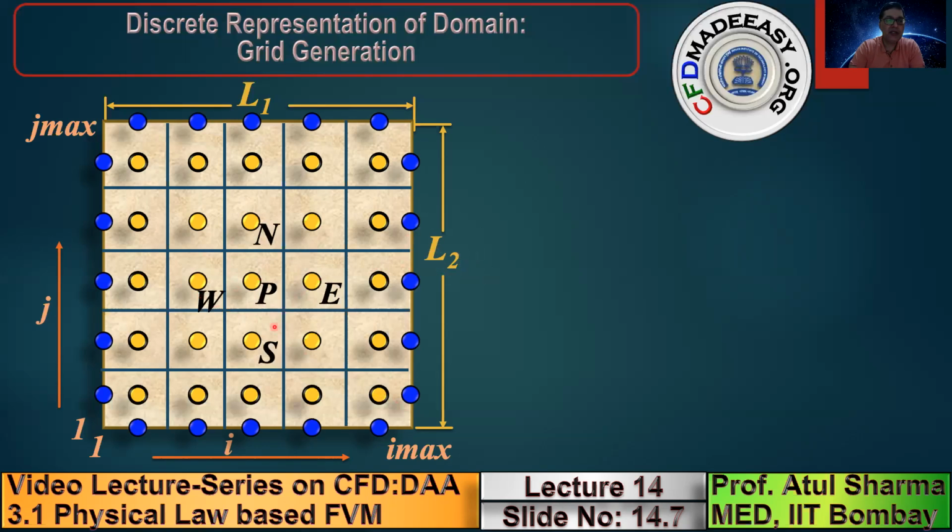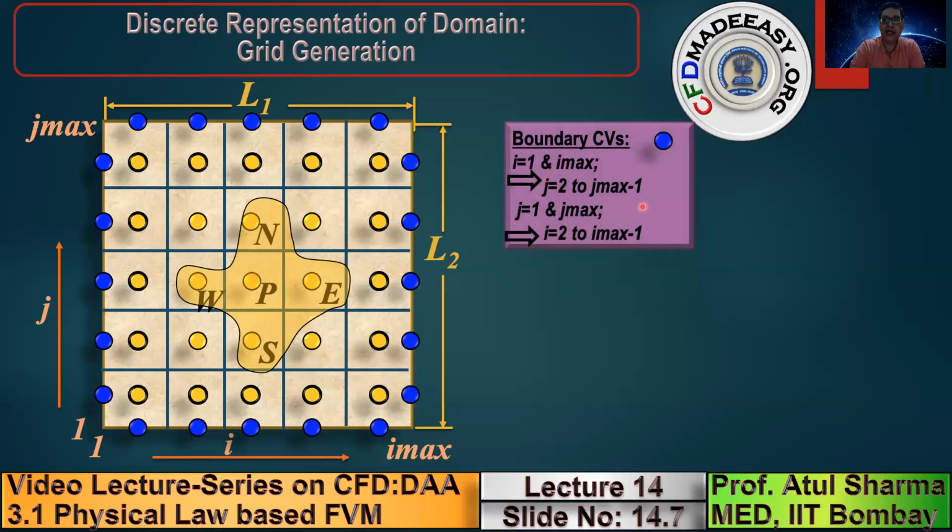This is a computational stencil, where later on I will show you the derivation that the temperature at a particular point is a function of its north, south, east, and west neighbors, and it is not a function of the other yellow circles or other neighbors.